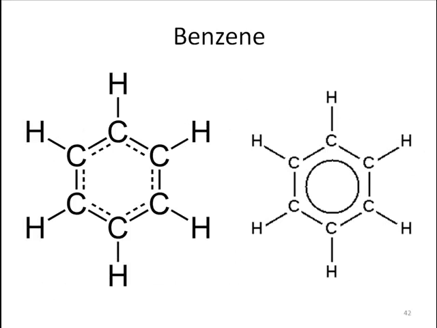Now, this here is another one that has a delocalization of electrons. This is a ring structure called a benzene ring. Benzene has 6 carbons all the way around in a hexagon. Each carbon only has 1 hydrogen attached. So it currently has only 3 bonds. Carbon usually wants to have 4 to have a total of 8 valence electrons.